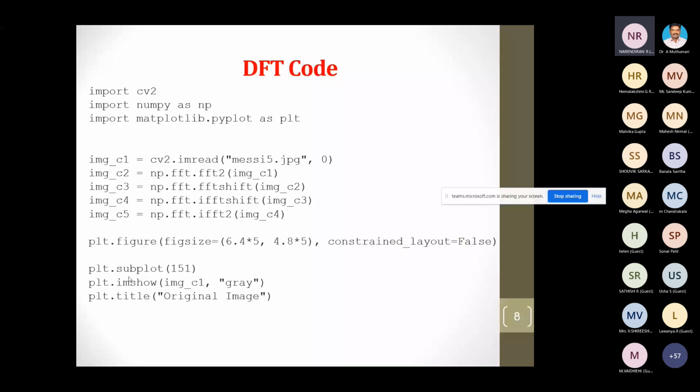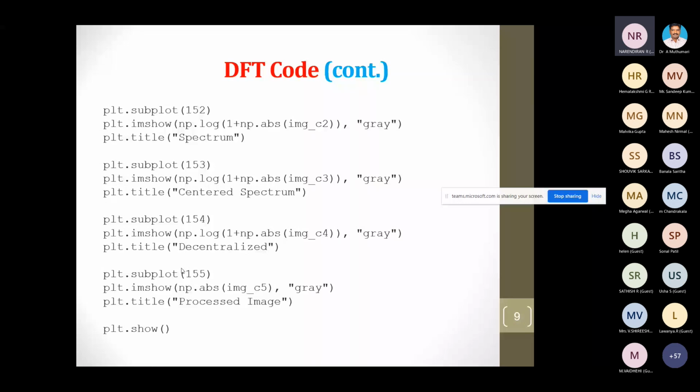Similarly, I am going to display the spectrum, the centered spectrum and the decentered spectrum, and then the processed image. Same convention, I do not need to explain all the things. Only what I have done here is take np.log of 1 plus np.absolute value of image_c. It is in the frequency domain, so I take 1 plus the absolute value of the frequency domain values and then take the log.